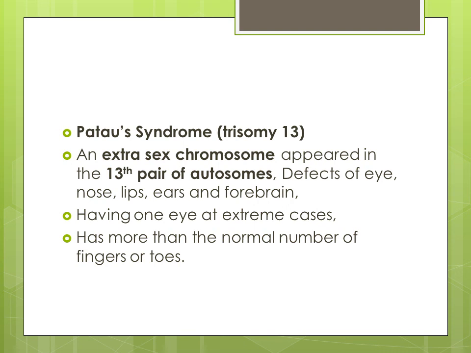You can detect someone with Patau syndrome because they evidently have extra toes or fingers, or sometimes their eyes are different. This is due to the extra chromosome in their 13th pair. Again, that's Patau syndrome, trisomy 13.